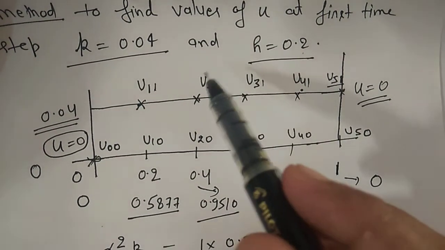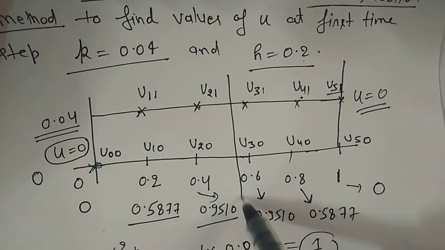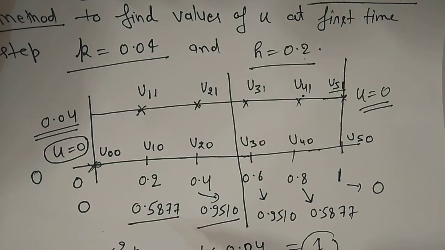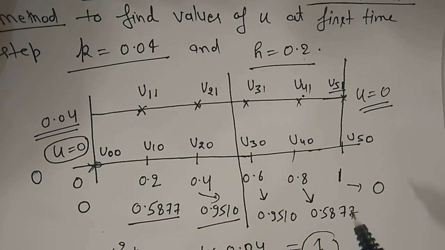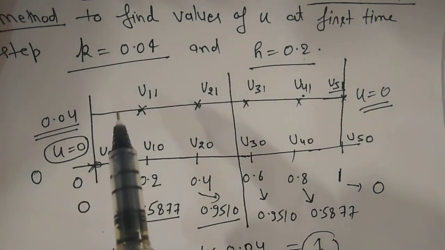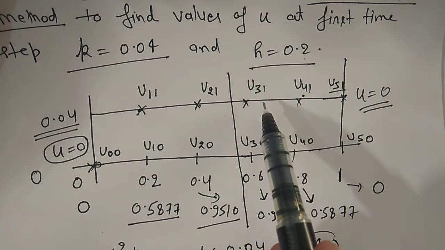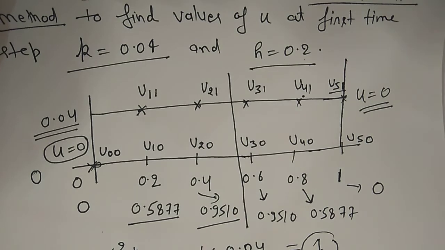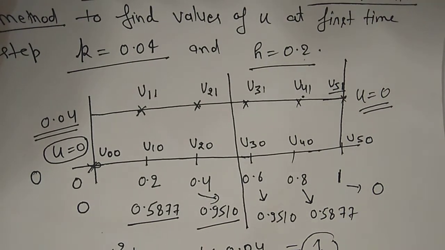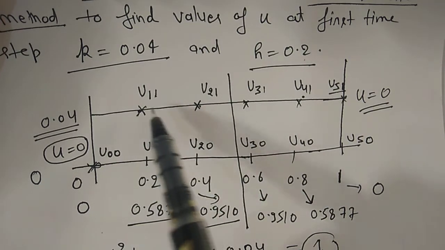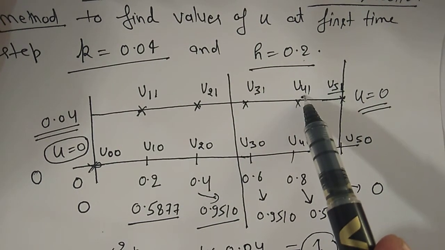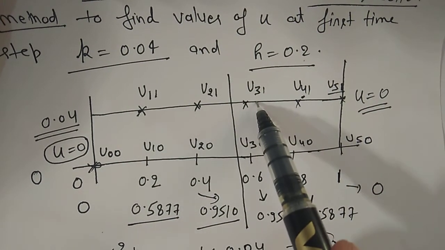Now if you see the boundary condition, we can use the symmetry. So we have u11 equal to u41 and u21 equal to u31.